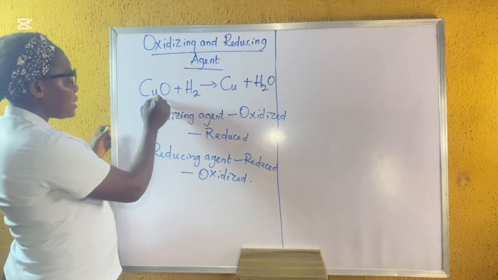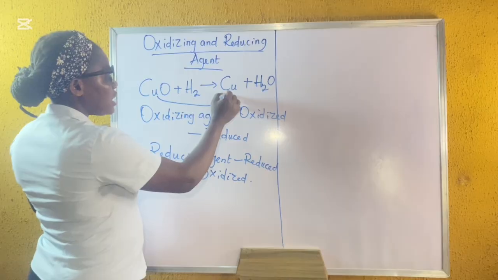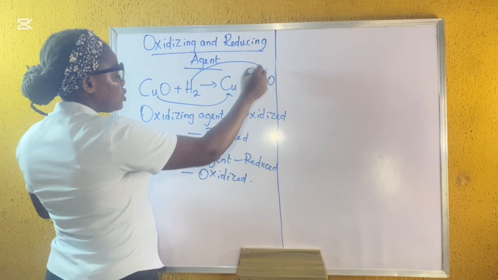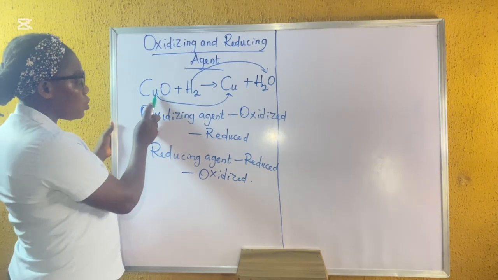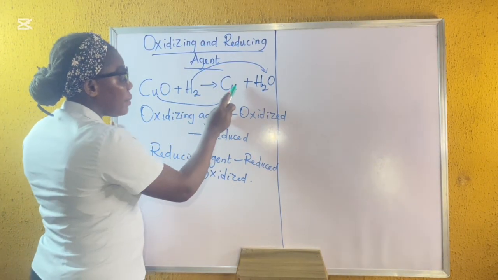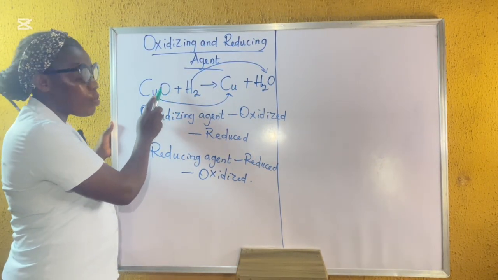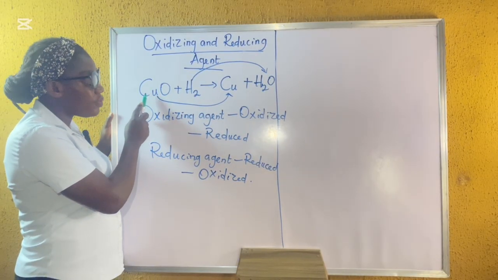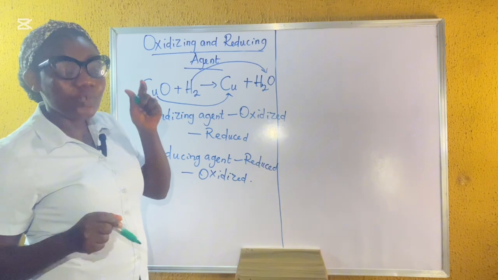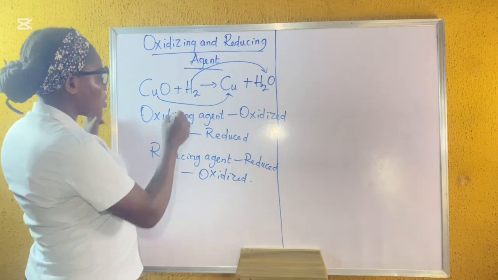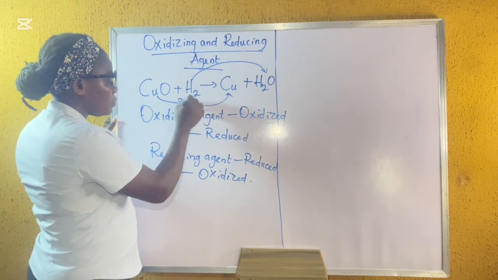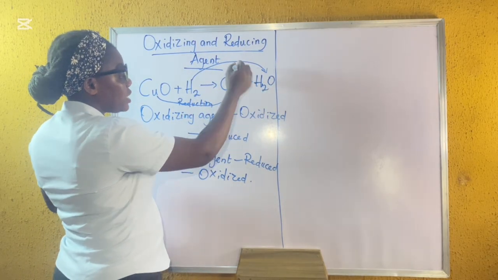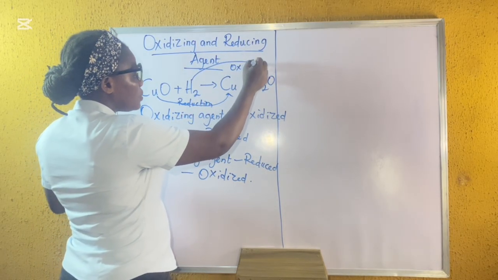Now look at this: CuO to Cu, H2O. So what happens to CuO? CuO became Cu. There was a removal of oxygen. Oxygen was removed from CuO, and the removal of oxygen is called reduction, while the addition of oxygen is called oxidation.